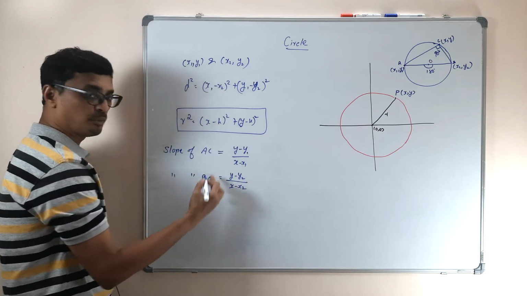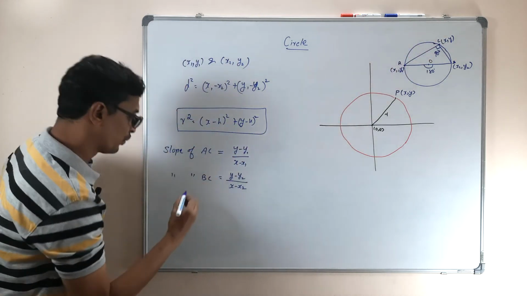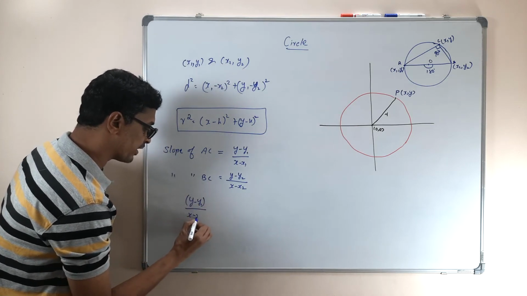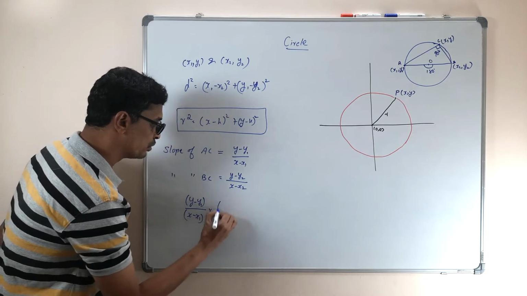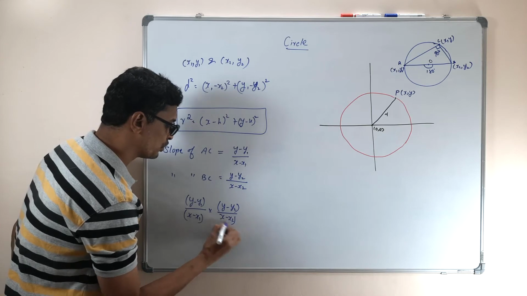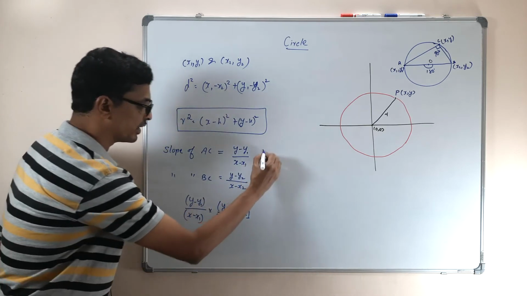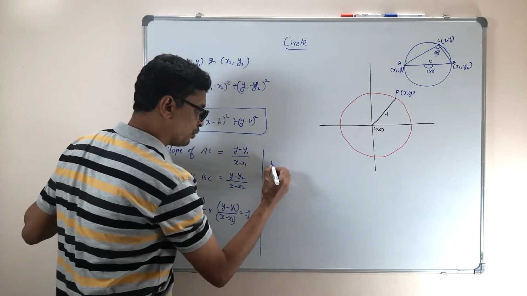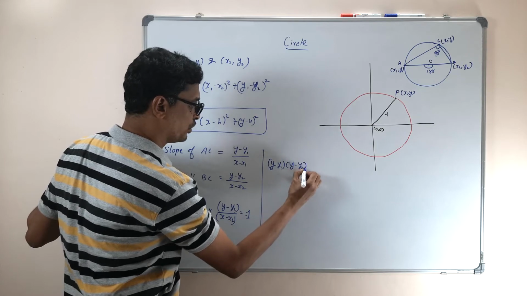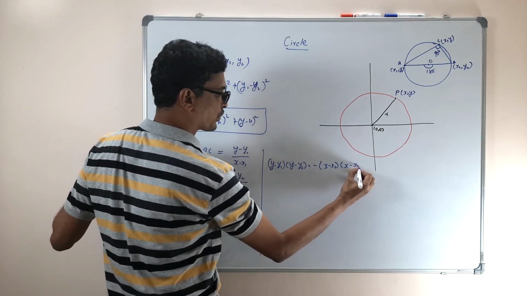Product of these slopes should be minus 1 because they are perpendicular to each other, correct? So y minus y1 divided by x minus x1 into y minus y2 divided by x minus x2 should be equal to minus 1. Am I right? So if I take this there, y minus y1 into y minus y2 will be minus x minus x1 into x minus x2, correct?